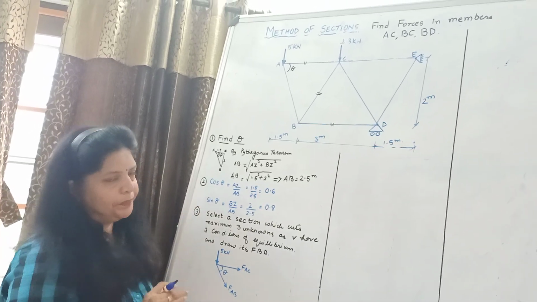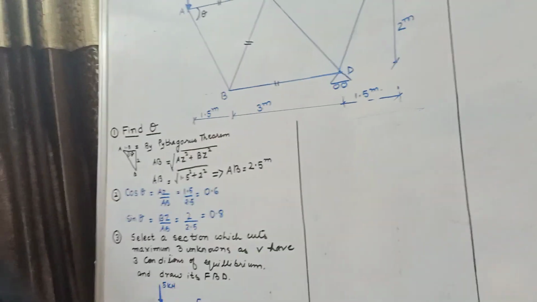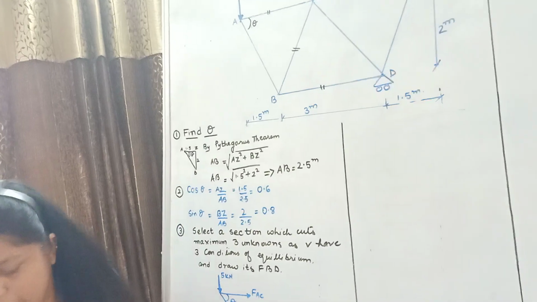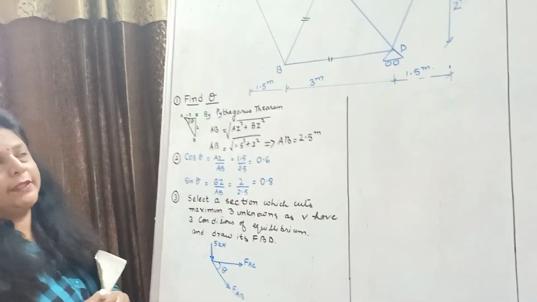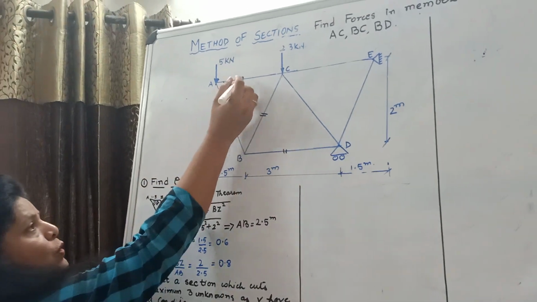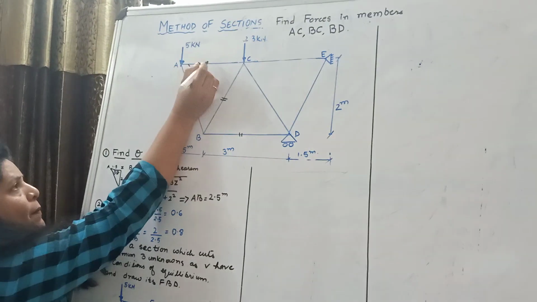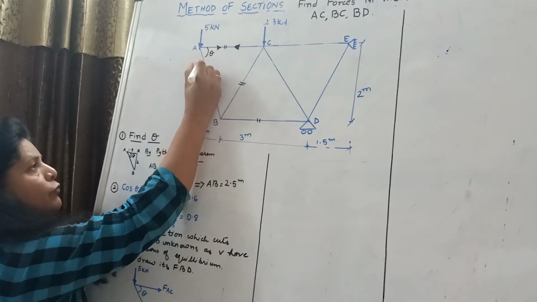To start with, first we have to assume the directions of the forces in the truss. I don't know whether it is compression or tension, so I am simply assuming that all the members are having a compression force.